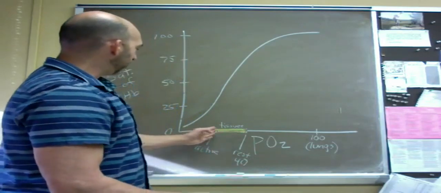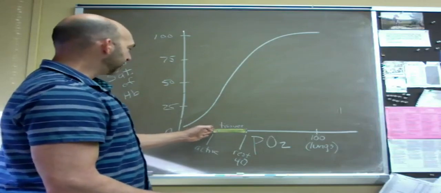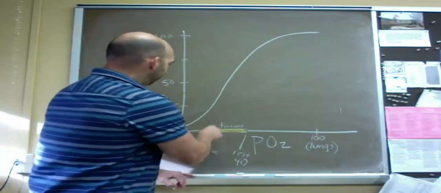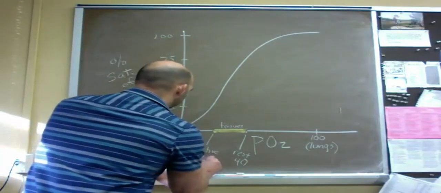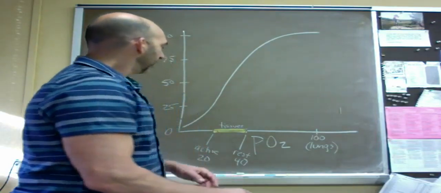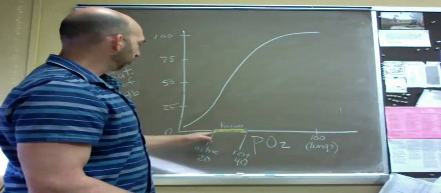Or if the tissue becomes much more active, and I don't want to put this as the lower limit, but this is sort of the normal range of tissue PO2, an active tissue drops down to about 20.